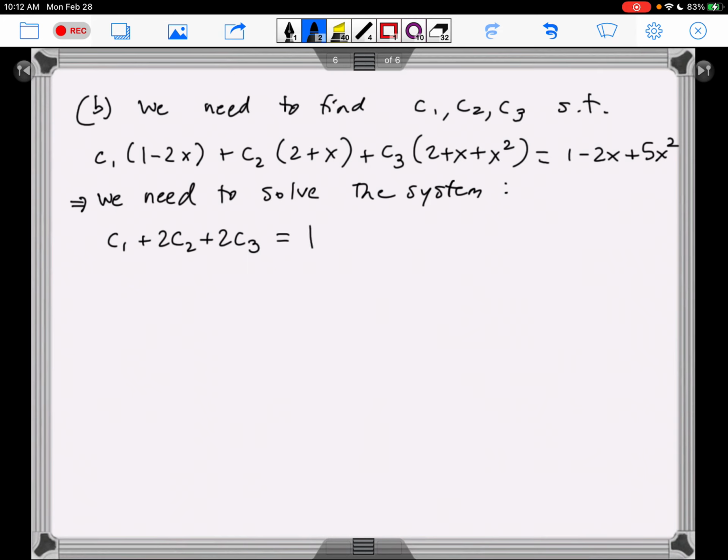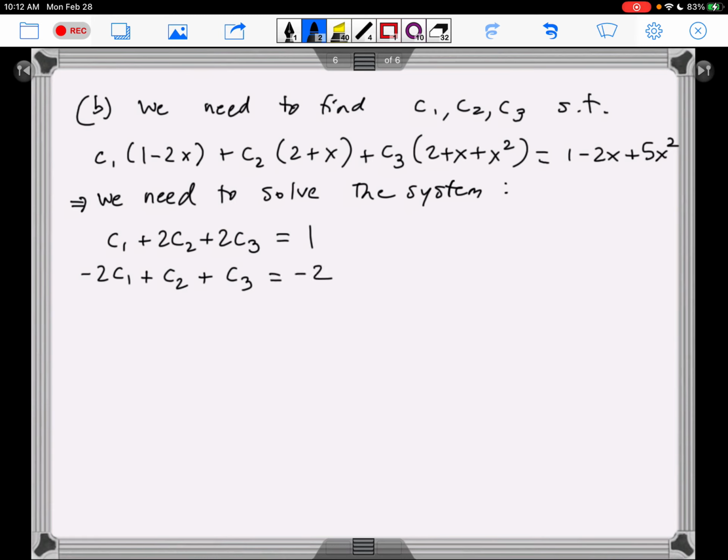Again, I'm just equating coefficients. Now I'm looking at the linear terms, right? So negative 2C1 plus C2 plus C3 is equal to negative 2.